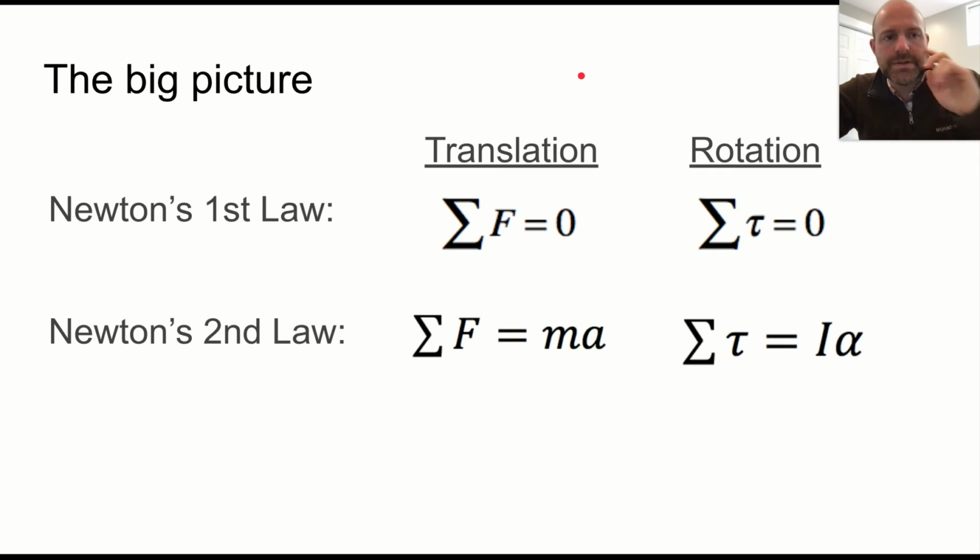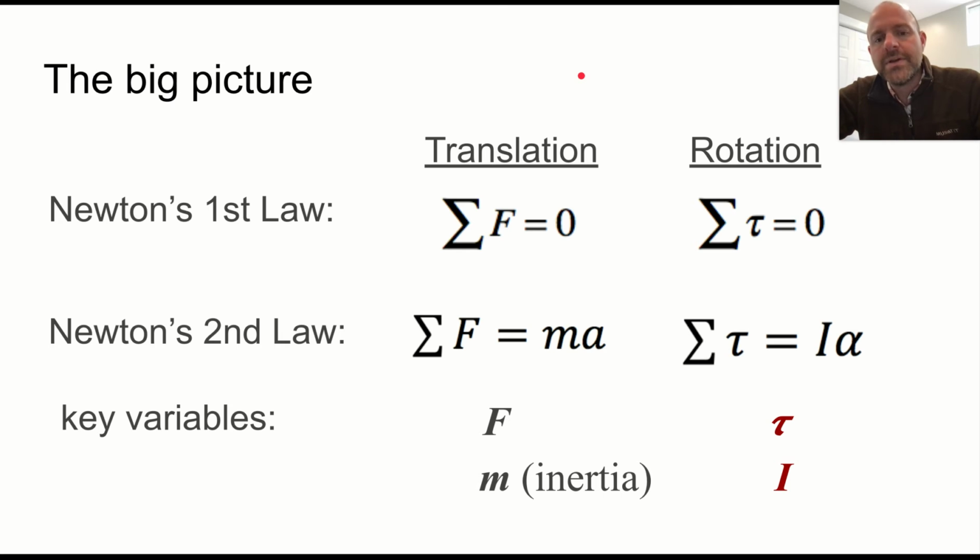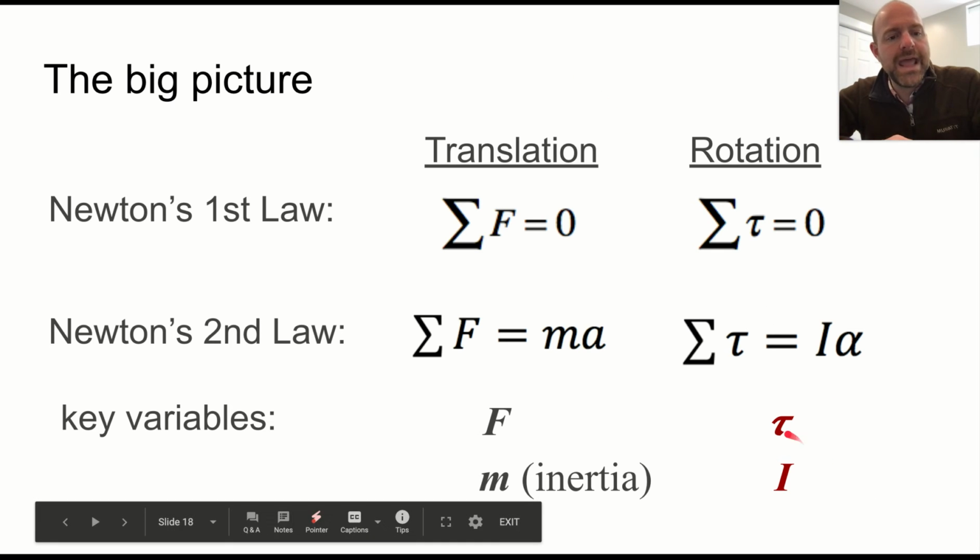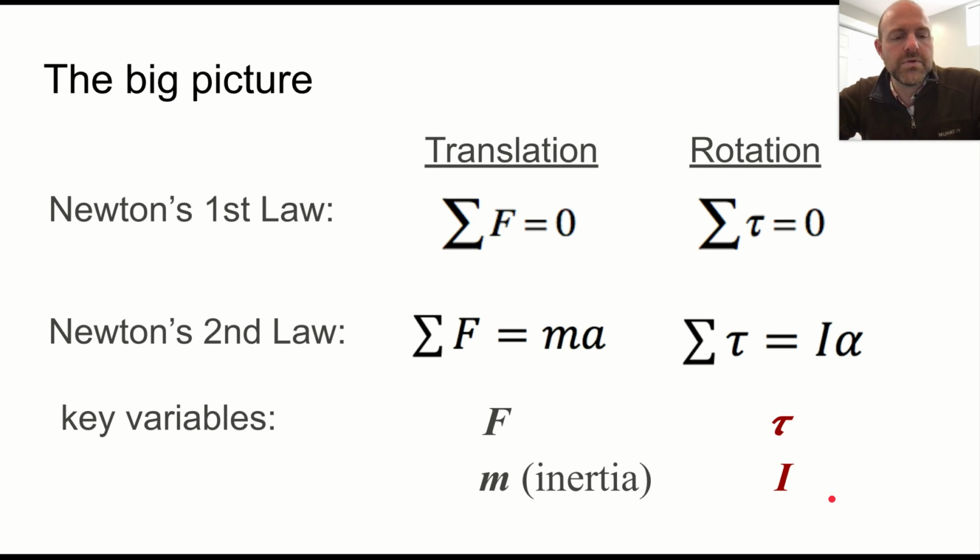We haven't really talked about these quantities yet, and we will, but mass, which is just inertia, is replaced with rotational inertia, which gets a capital I, and linear acceleration is replaced with alpha for angular acceleration. So what are our key variables now? Force and mass, the inertia, are what matter to find acceleration in translational motion. And now it's torque, which is related to force and can cause rotations, and I, or angular inertia, also known as moment of inertia.